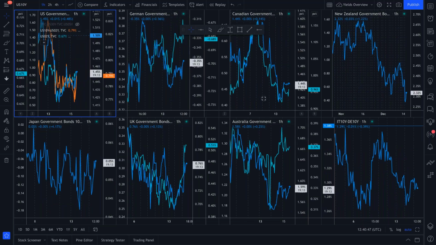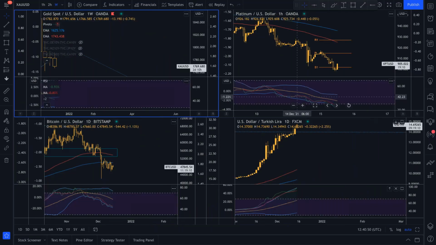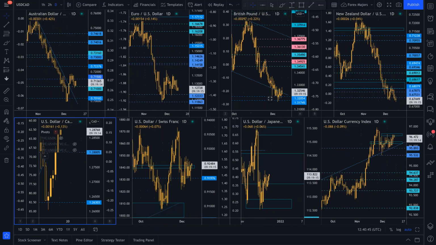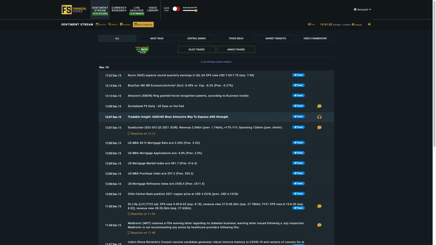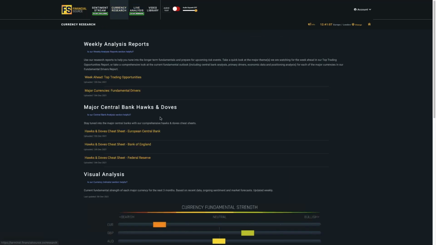Now, what we want to do is look at the daily risk event outlook for today.